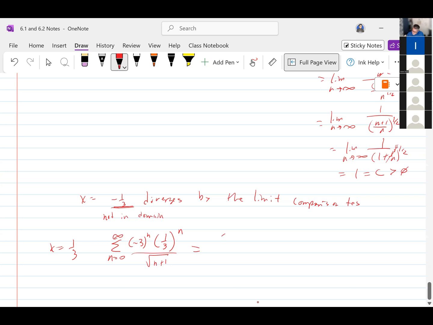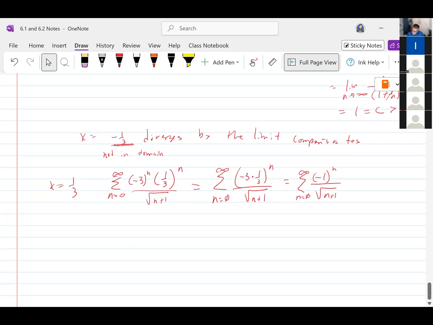Okay, this is going to be equal to -3 times 1/3 to the nth power, all over the square root of n plus 1, n equals 0 to infinity. Okay, this is -1 to the nth power, all over the square root of n plus 1, n equals 0 to infinity. And that is an alternating series. Okay, so let's look at the alternating series test.